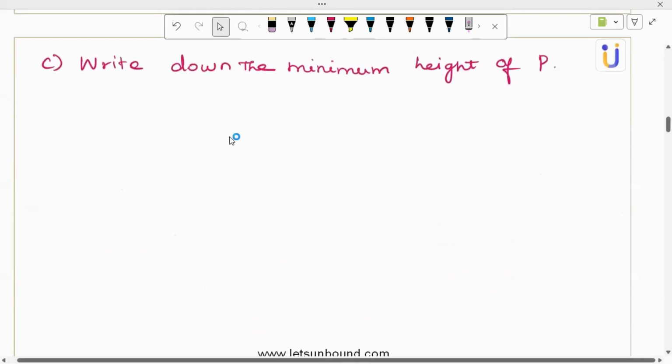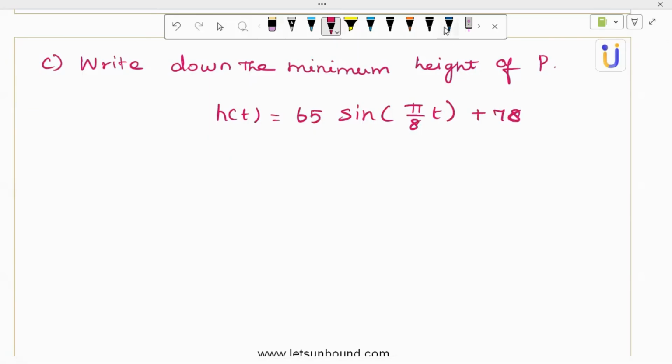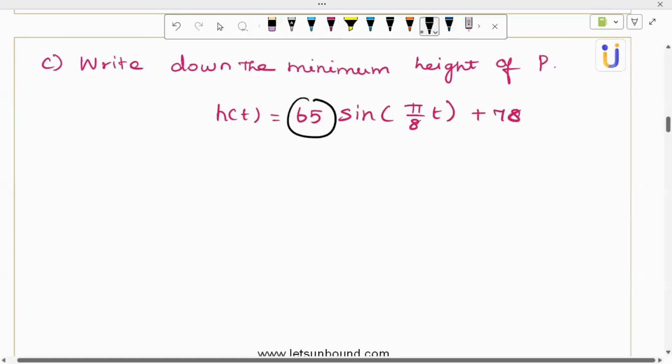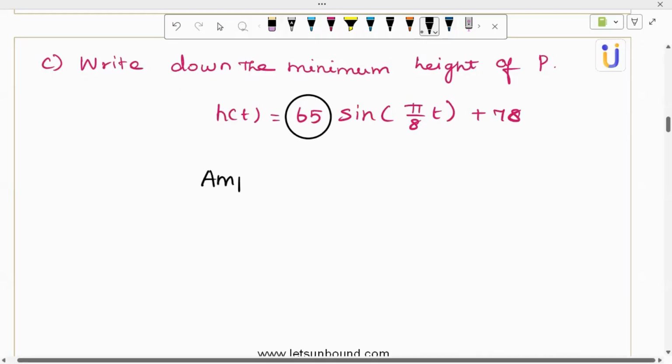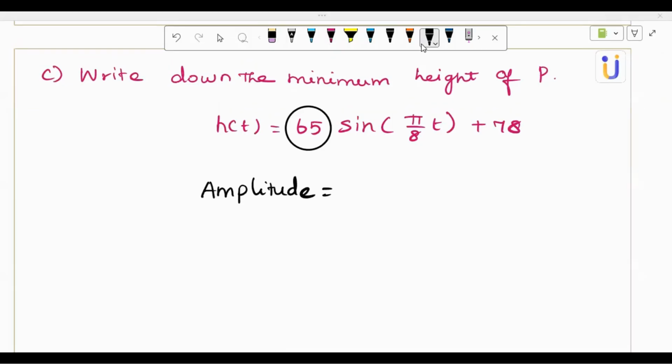What is minimum? So we have our h of t, right? Which is 65 sine pi by 8t plus 78. This value which is multiplied outside, the modulus of that value is nothing but amplitude. And amplitude is nothing but maximum minus minimum by 2.